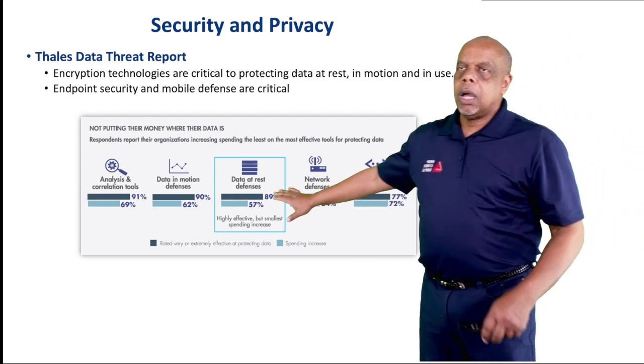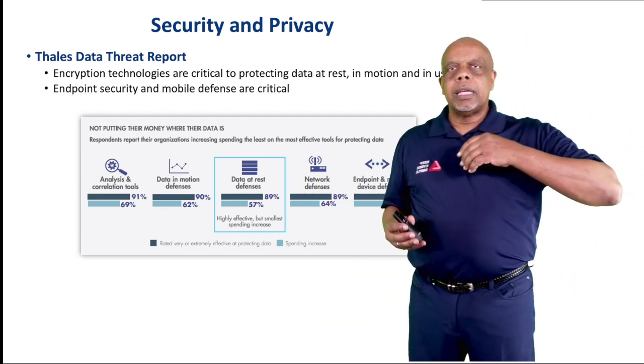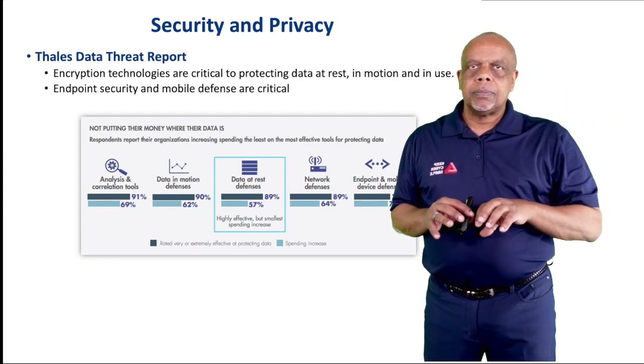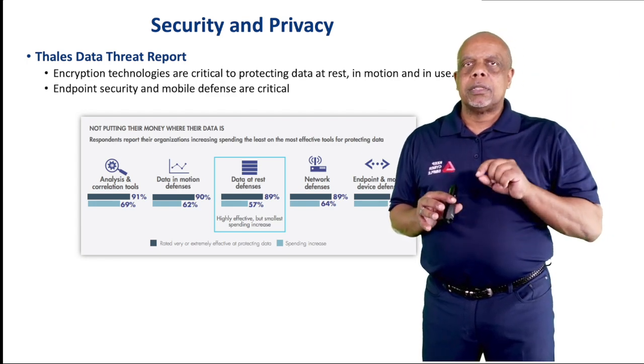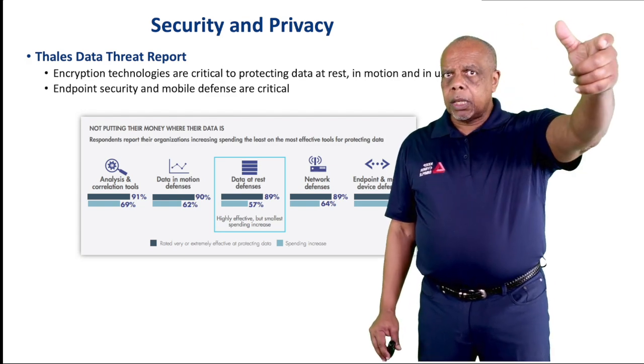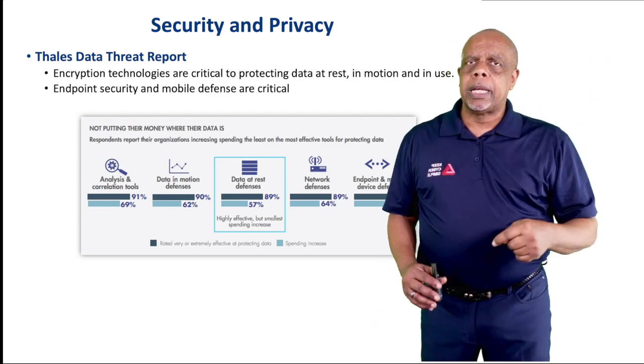And data in motion. All right, we're talking about data in motion. That's when something is going back and forth across the internet. So if I've got a transaction and I've given you my credit card number, when I hit enter, that credit card number is going to go across the internet to get to your website to be processed.